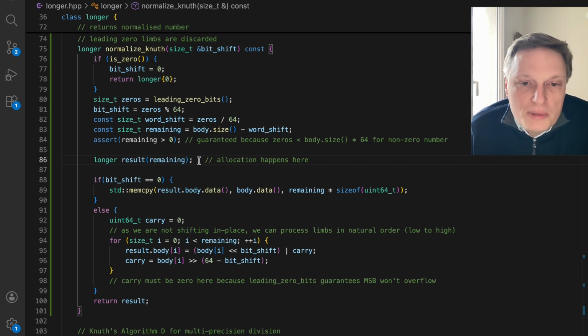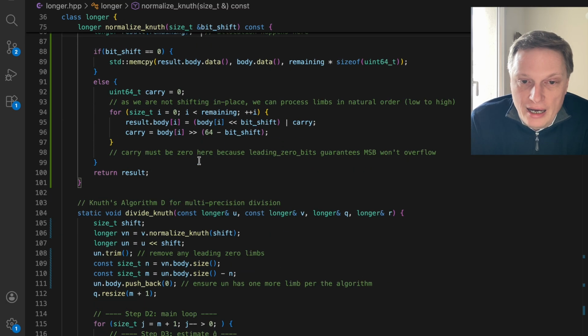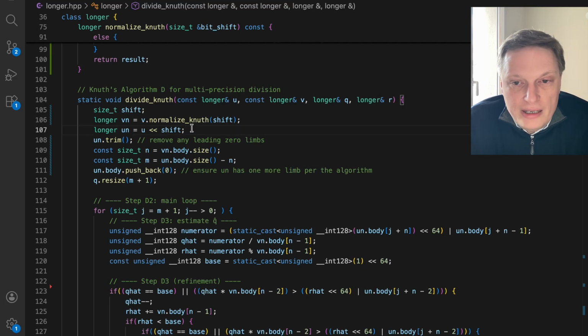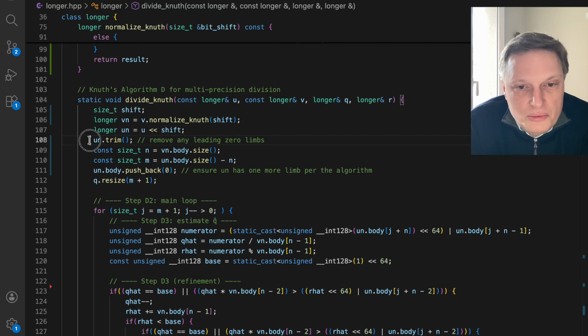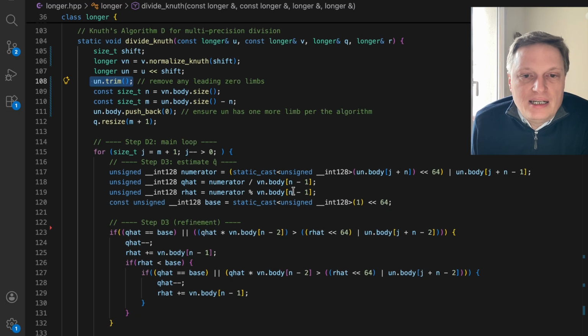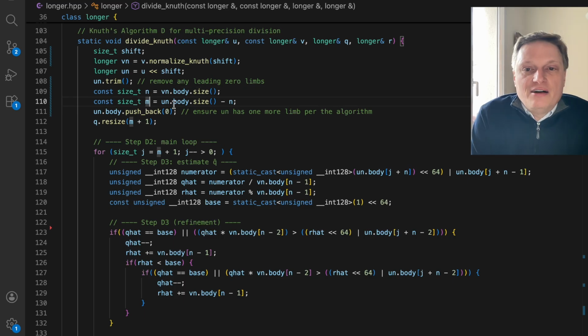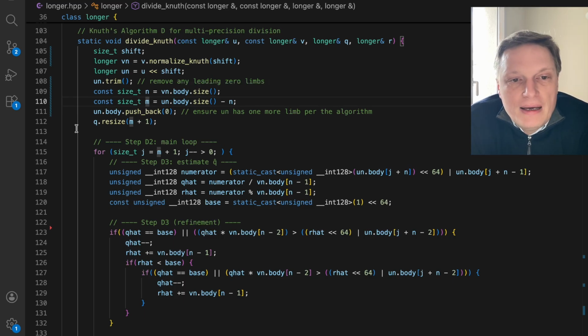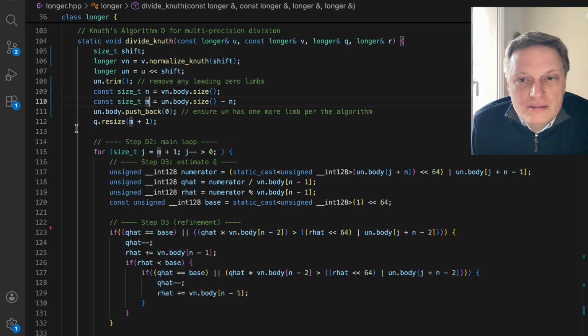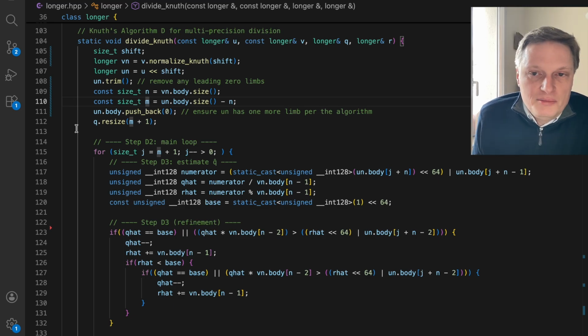So this is how I normalize V. I use the shift operator to normalize U, but I also trim, because U may have leading 0 limbs, which we never checked. Now I can set the size of the divisor, n, and m, which is the size of the dividend minus n. The algorithm sets them at the very beginning, but as I have trimmed, potentially, I'm doing it now.